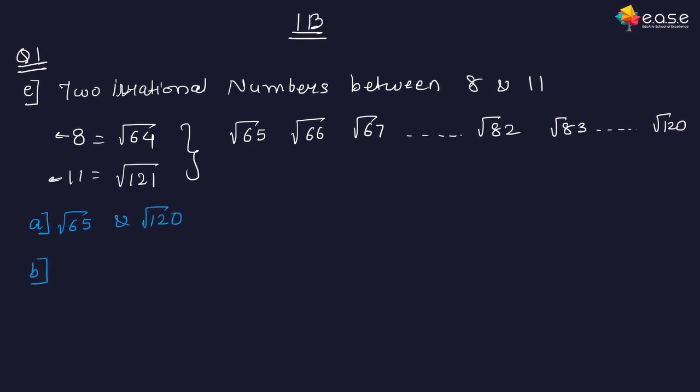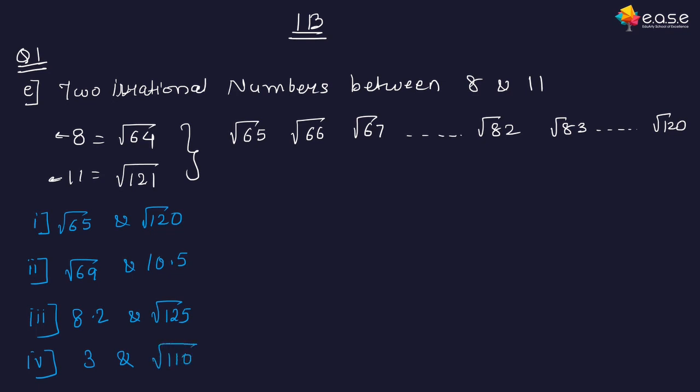Then the next option is root 69 and root 10.5, and then this is 8.2 and root 125, and the fourth option they have given us is 3 and root 110.